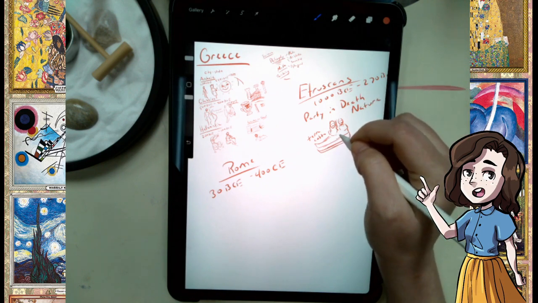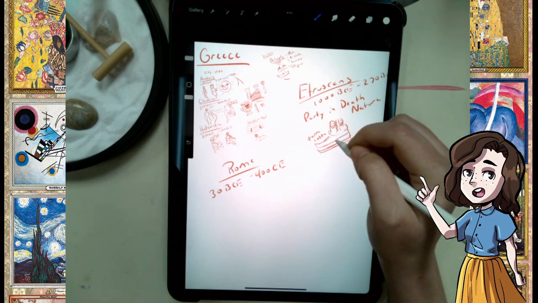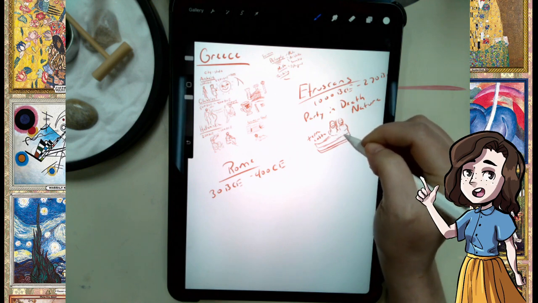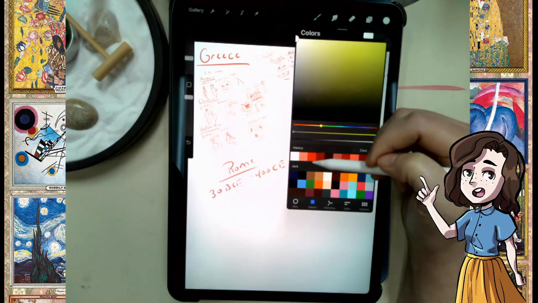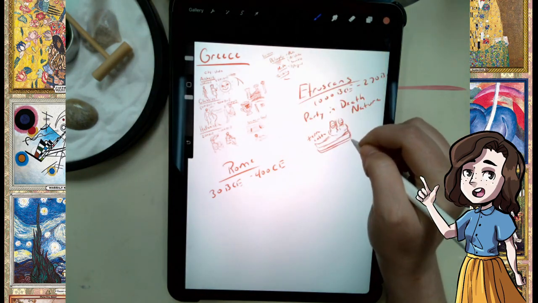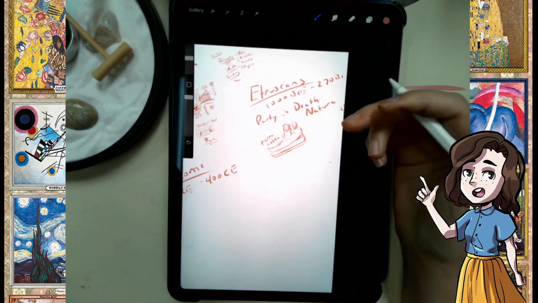So we see earth material, we see equality, and we see this very bright, happy look at death, despite it being a sarcophagus, where a body would be in there, it's happy.